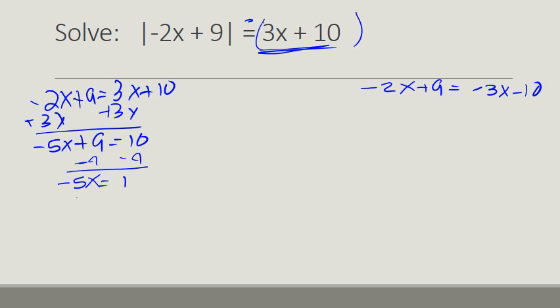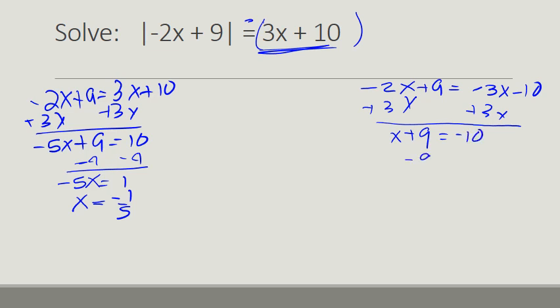And if I divide by negative 5, x equals negative 1/5. Okay. In my second equation, if I add 3x to both sides, I'm going to get x plus 9 equals negative 10. If I subtract 9 from both sides, I'm going to get x equals negative 19.